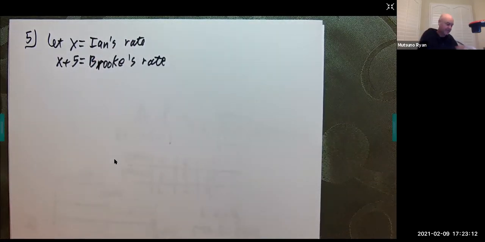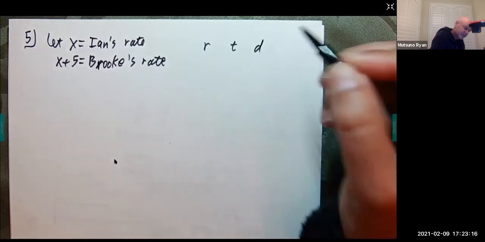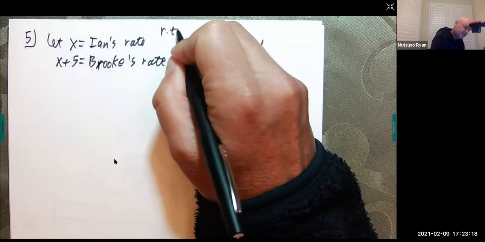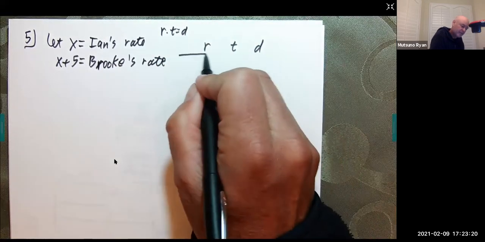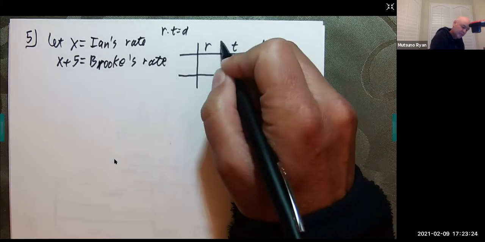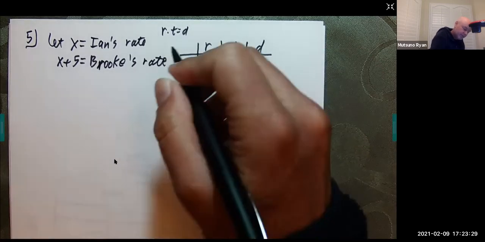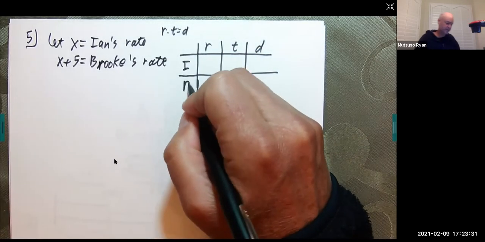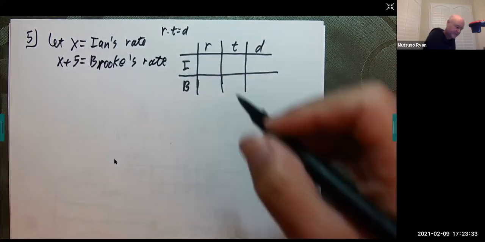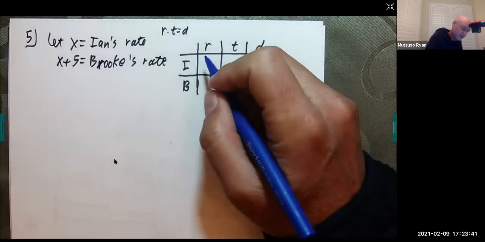I'm going to set up a table again. And once again, rate times time is distance. So this would be Ian, this would be Brooke. And I already have some information about their rates. And I haven't even drawn a diagram yet. I'll get to that.